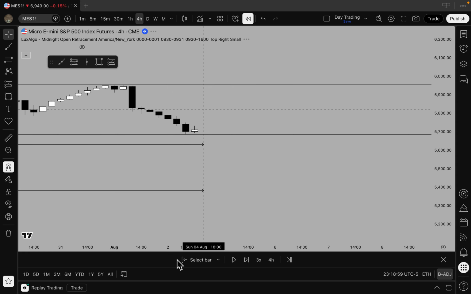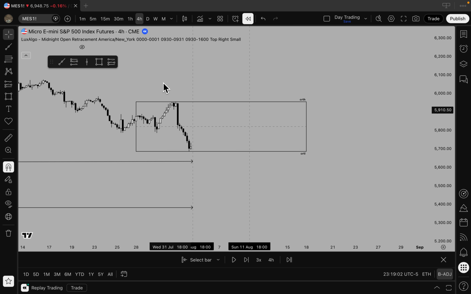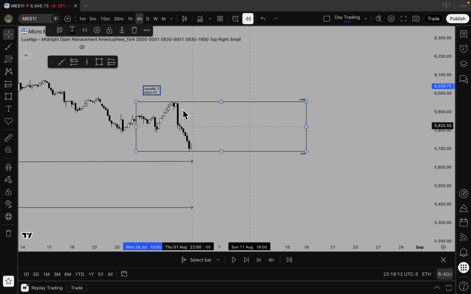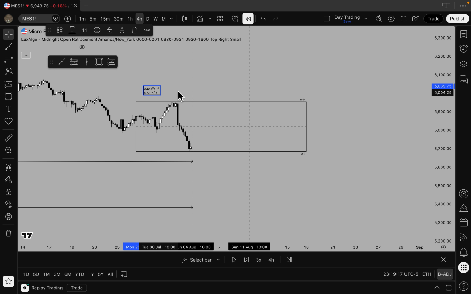Okay, now we go into the 4 hour, and this is why I drew the vertical lines so you can see. I'm gonna just type this out. Candle 1, again, Monday through Friday. Candle 2 is another set of Monday through Friday. Candle 3, again, another set.